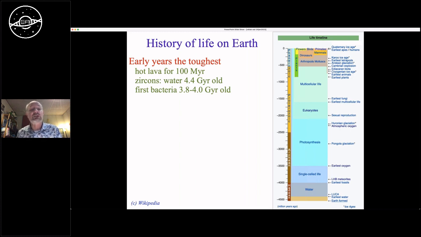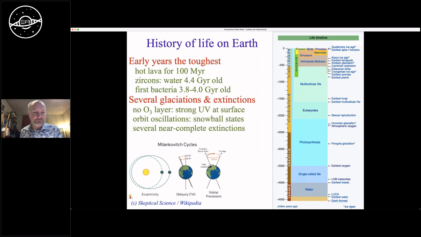It hasn't always been easy for life, right? Certainly the early years were very difficult, but it is the case that bacteria are very, very old, up to 4 billion years, 90% of the age of the Earth. The early years were tough, and since then there have also been several near complete extinctions of life on Earth. We know this from fossil records and other evidence.